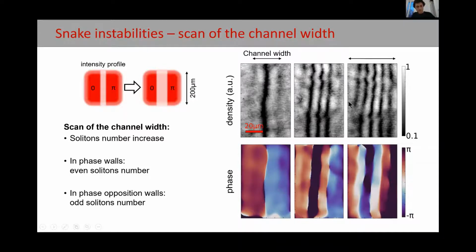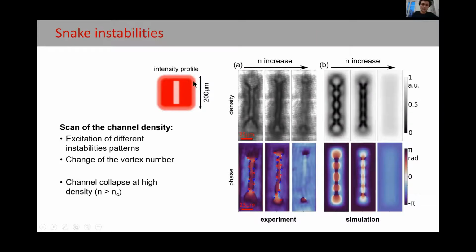Now that we know that we are able to generate solitons and that we can easily see their instabilities, I will show you that we can also tune this instability pattern. Here we imprint into the fluid a 1D low density channel. This time it is closed at both ends by a third horizontal wall in order to increase the confinement induced by the walls, so to increase the freezing of the vortex-anti-vortex pairs.